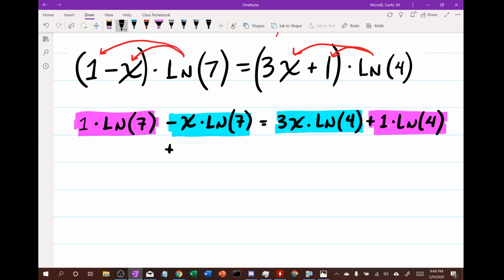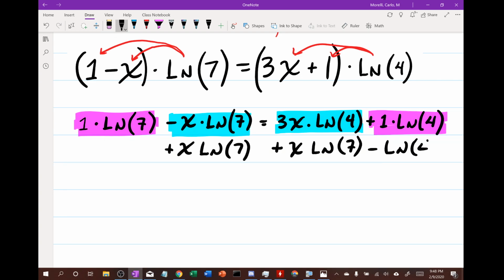So I guess that would be plus x ln 7 and plus x ln of 7. And over here, we would have minus ln of 4 and minus ln of 4.